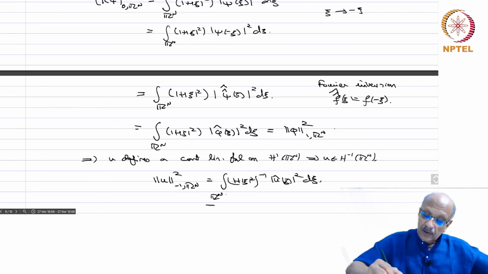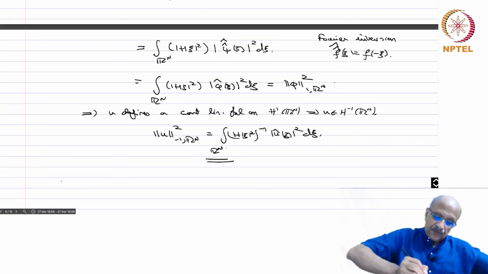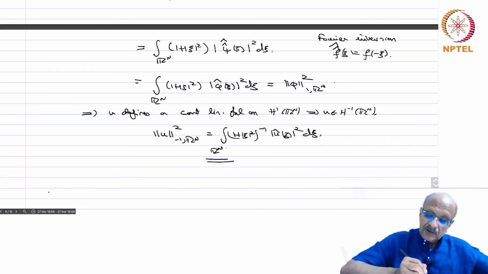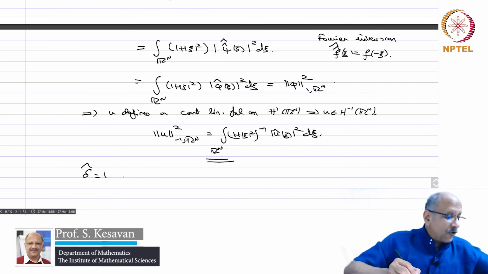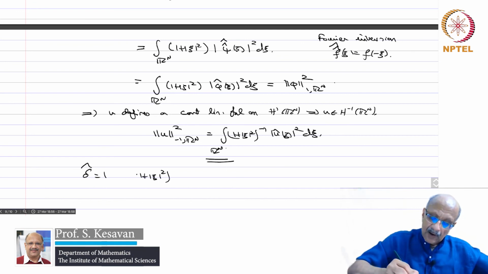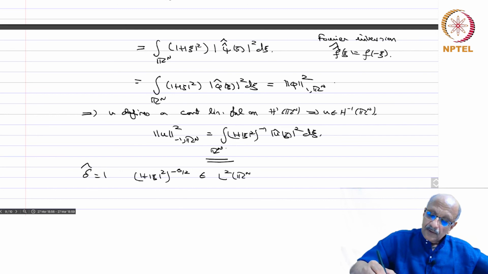Okay, so now we can recover, for instance, we said that if m is sufficiently large, then delta is in W^(-m,p) and so on. So if you have delta hat equal to 1, and therefore you have (1 + |ξ|²)^(-s/2) is in L²(Rⁿ) if s is bigger than n/2.